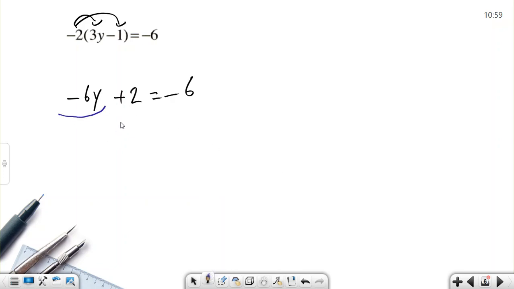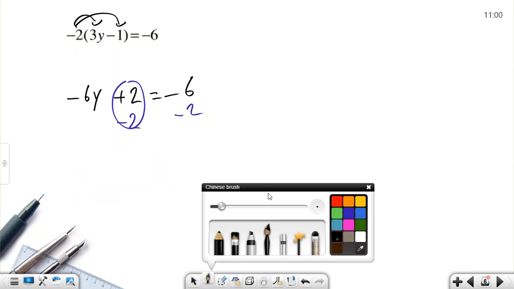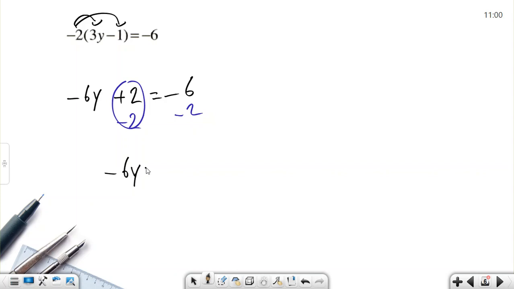I have a term with a variable and there's a constant. First, I will get rid of the constant. I need to subtract 2 from both sides. Minus 6y, this will be 0. So it's gone. Now let's write the main things with black color. So minus 6y is equal to minus 8.